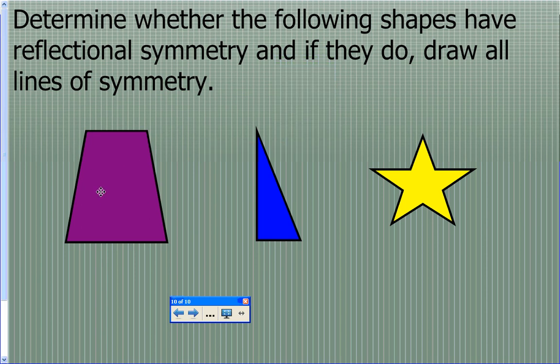If I put the line of symmetry across here, would the top and the bottom be the same? No. What about if I put the line like this? If I folded this in half over that, would it match up perfectly? The answer is no, it would not.